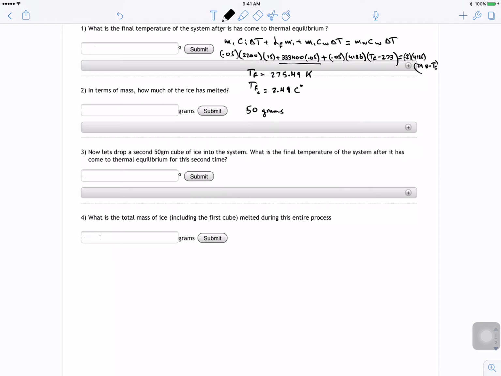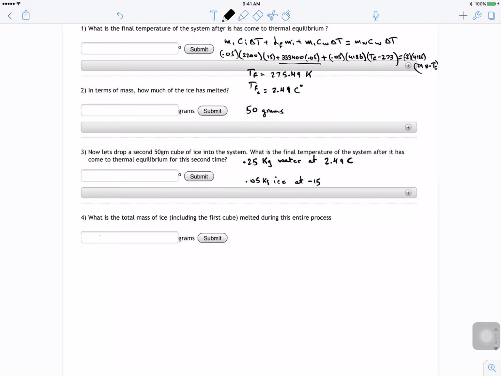So now we know that we have, as in water, 0.25 kilograms of water at 2.49 Celsius. Okay. And then we added 0.05 kilogram of ice at negative 15.